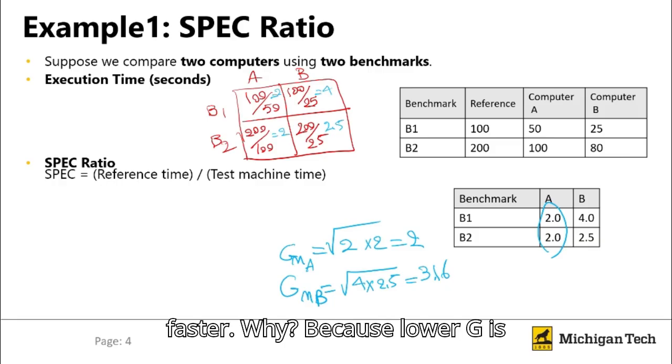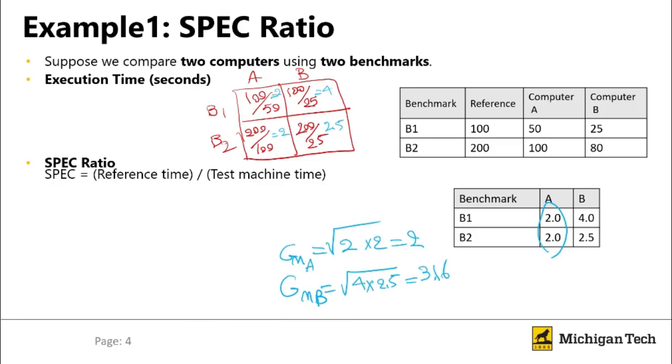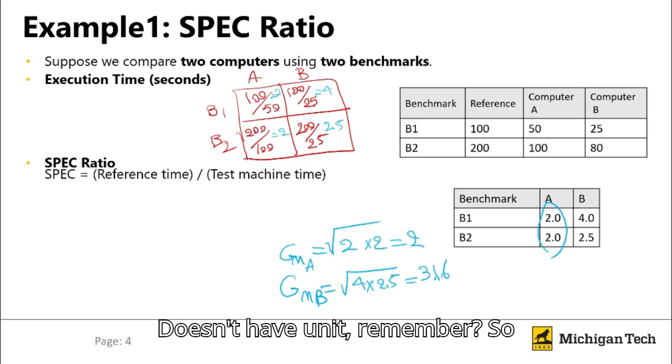A is faster. Why? Because it has the lower ratio, as well as both of its ratios are smaller than test machine B. A ratio is not a time. This ratio doesn't have a unit. Remember?